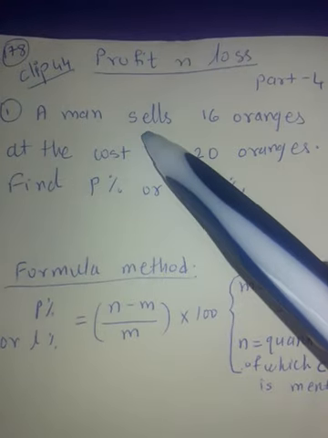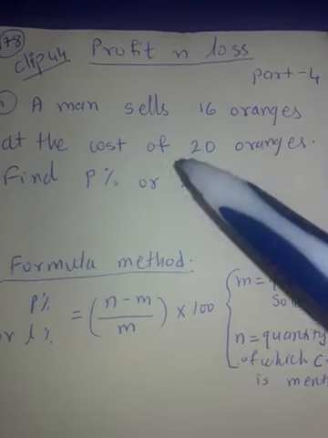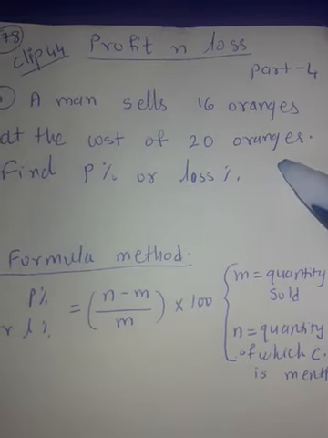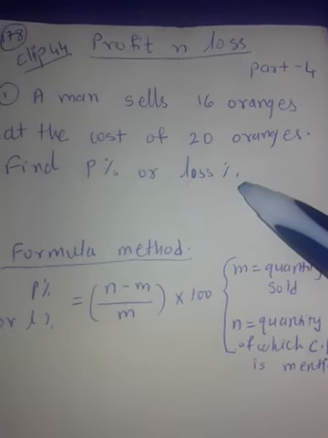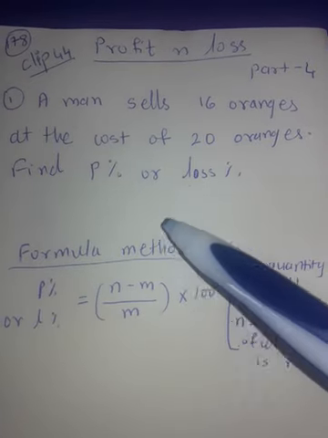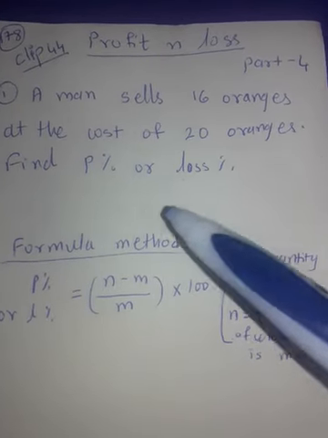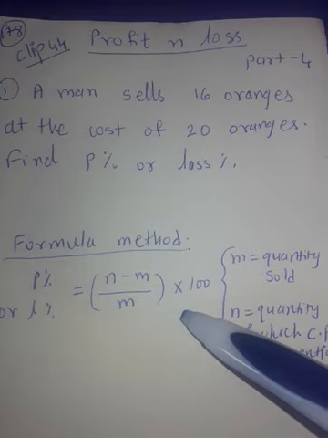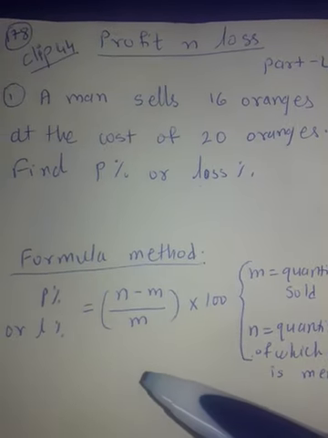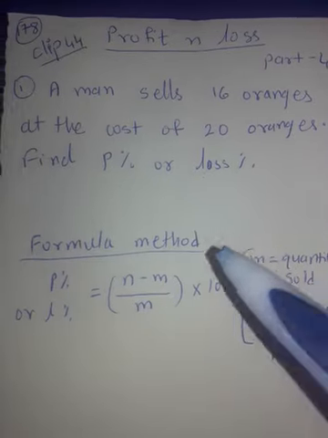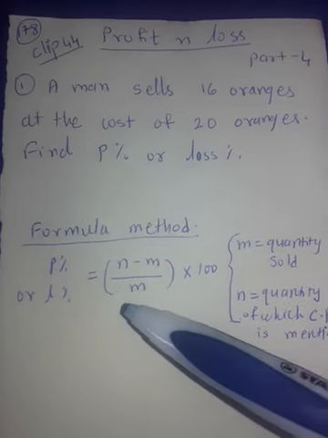A man sells 16 oranges at the cost of 20 oranges. Find profit percent or loss percent. First we are going to learn it using the formula method, then we will also solve it using the concept method. Both are very easy. First let us see what the formula is.